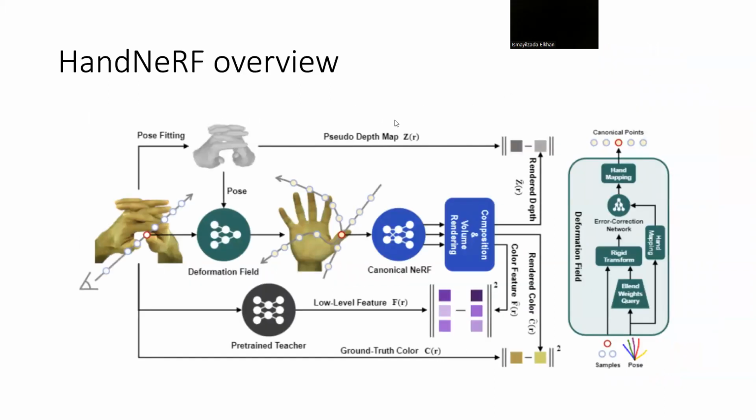And then the next part is the depth part. So like I said earlier, since NeRF is a volumetric continuous representation, you can already compute a depth map from it, and this depth map is Z hat R. And since you already have generated a mesh from Mano, and mesh is also a 3D representation, you can also calculate depth from that mesh representation.